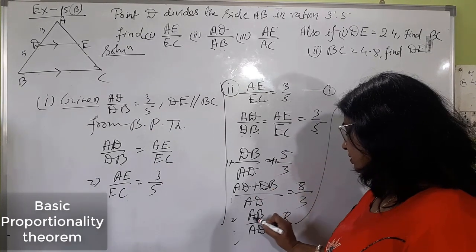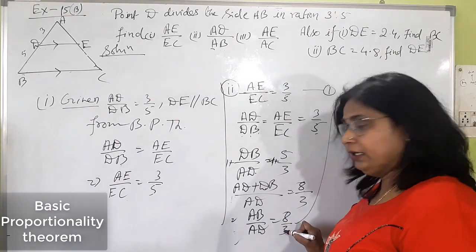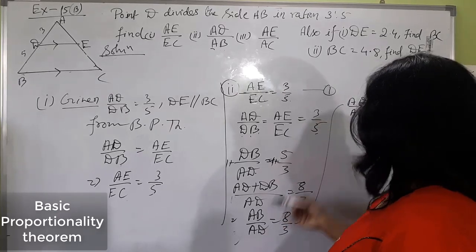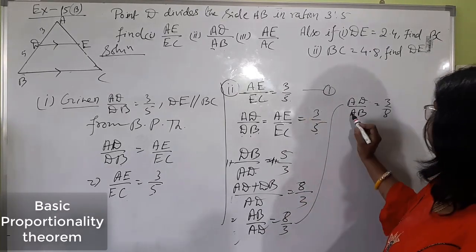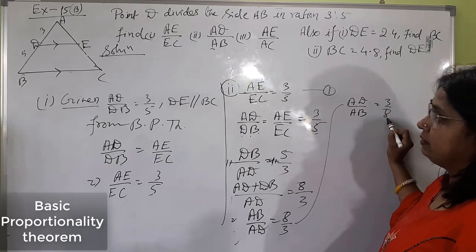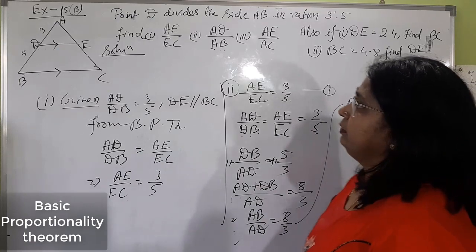Adding both, AB by AD is equal to 8 by 3. Understand? And now again the reciprocal, AD by AB is equal to 3 by 8. Understand? Okay.